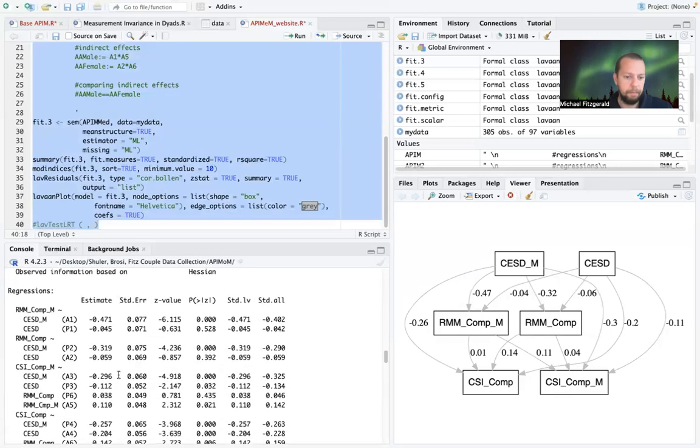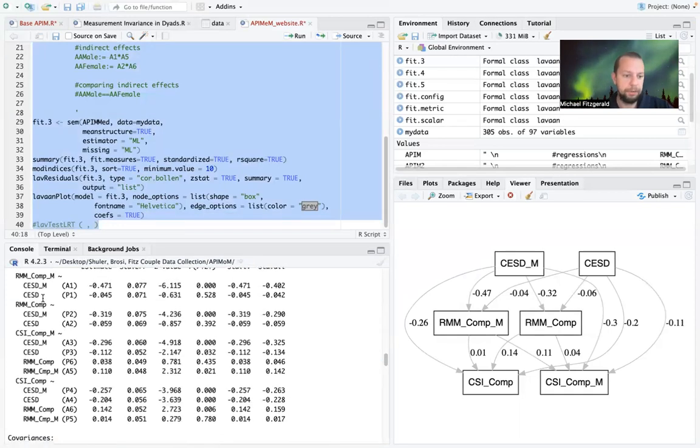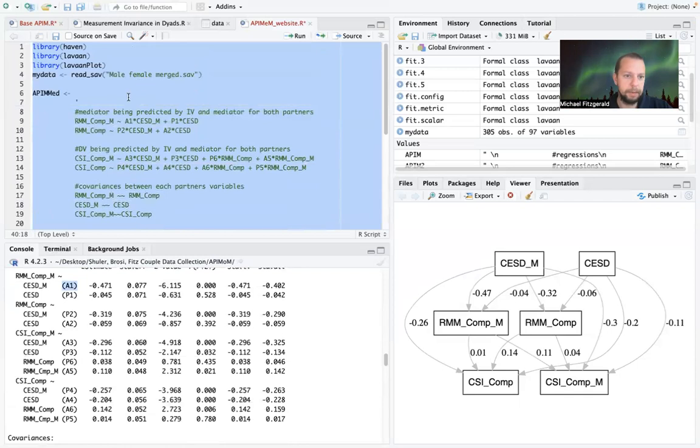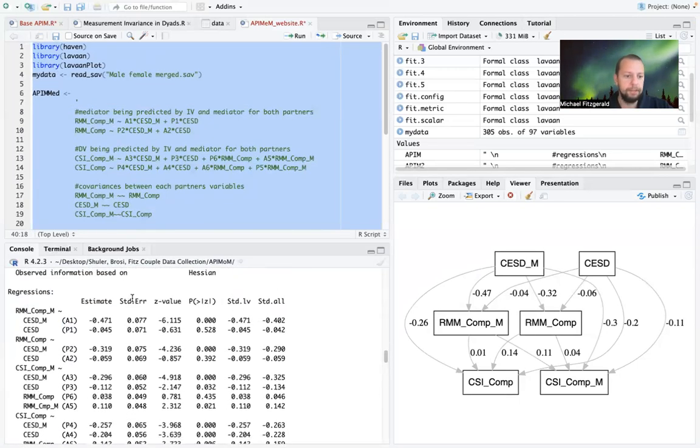and we will now look at our regressions, and you'll see our labels have showed up here, the labels that we specified up here, also in the output. And so here are our unstandardized estimates in this first column, our standard errors, our z-value, and then our test statistic.